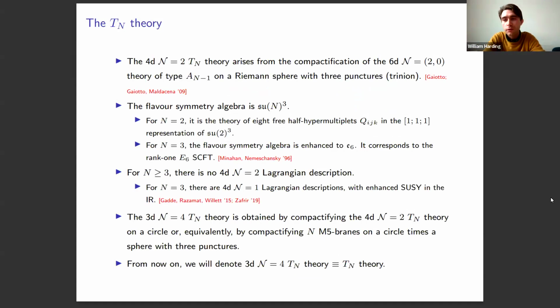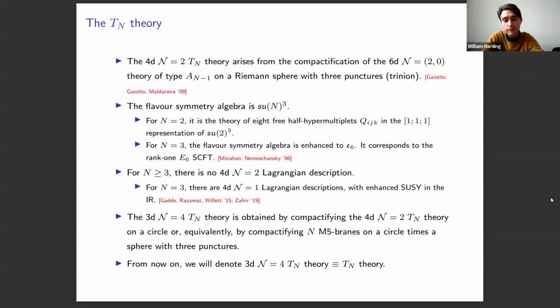The 4d N=2 Tn theory arises from the compactification of the 6d N=(2,0) theory of type A_{n-1} on a Riemann sphere with 3 punctures, and the flavour symmetry algebra is SU(N)^3. For n=2, this is the theory of 8 real fermions in the trifundamental of SU(2)^3, whereas for n=3, the flavour symmetry algebra is enhanced to E6, and this corresponds to the rank 1 E6 SCFT.